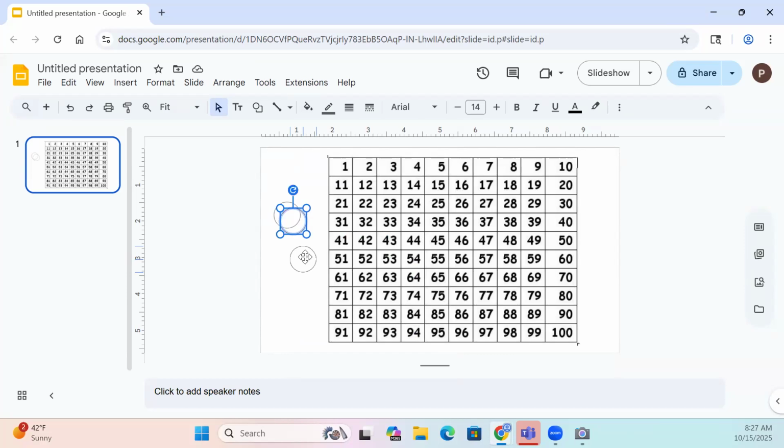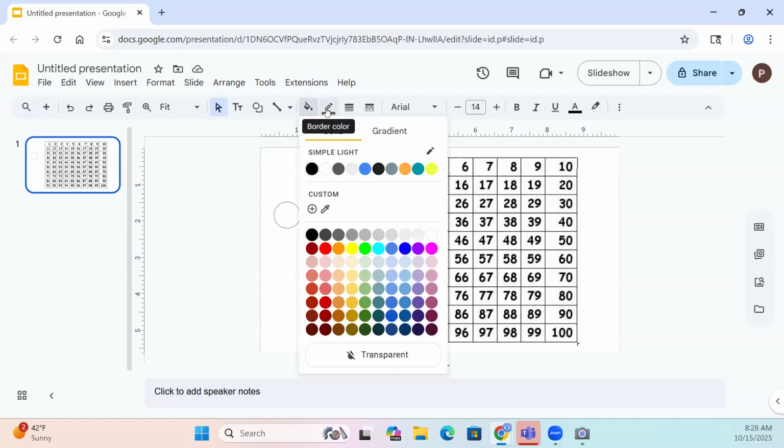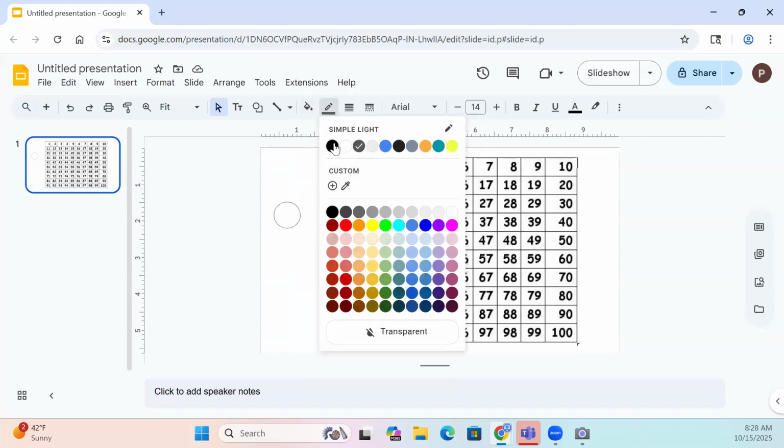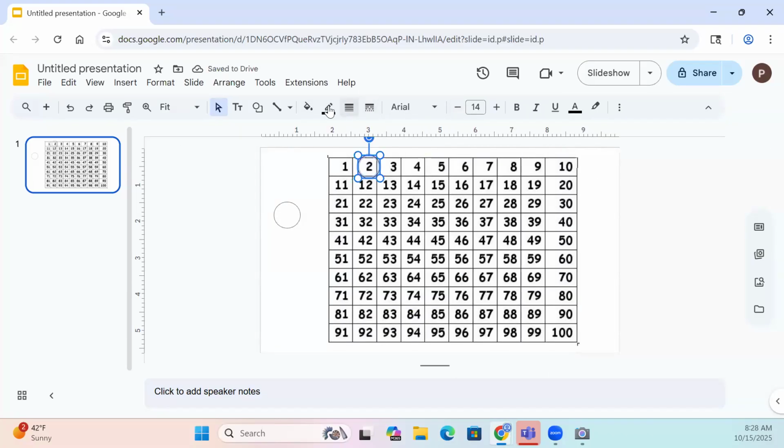Can I divide 2 by anything other than itself? 2/3, not a whole number. 2/4, not a whole number, right? 2 can only be divided by itself and the number 1. So 2 is our very first prime. How do I increase the size of that? There, that's better. Okay. So 2 is a prime.